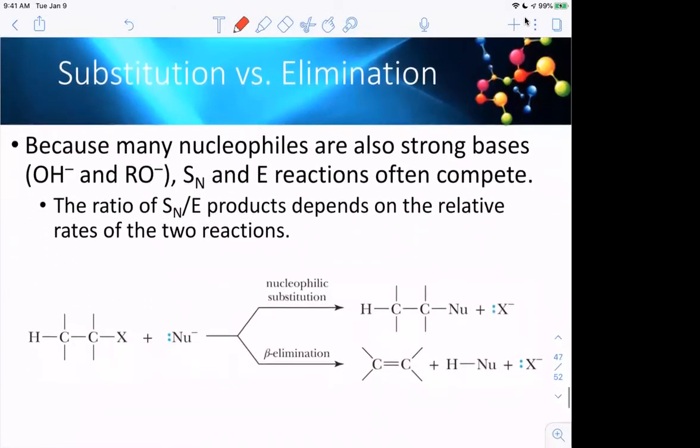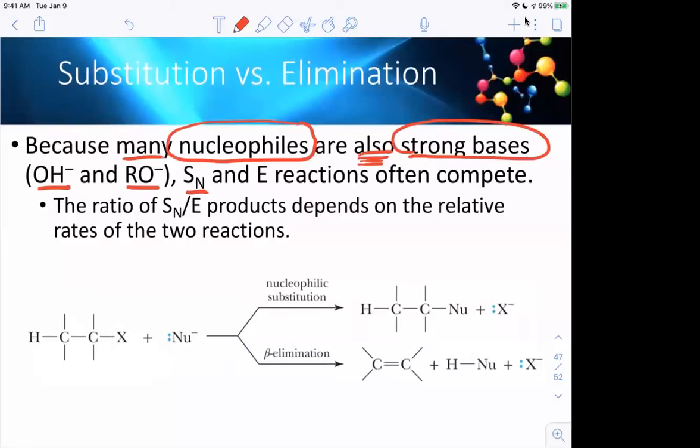Now, to confound things even greater, substitution and elimination is often a competing process. And this is because many nucleophiles are also strong bases. My OH minus, my RO minus, my hydroxide, my alkoxide, those are great nucleophiles. They're really good nucleophiles. They're negatively charged. They're also really strong bases.